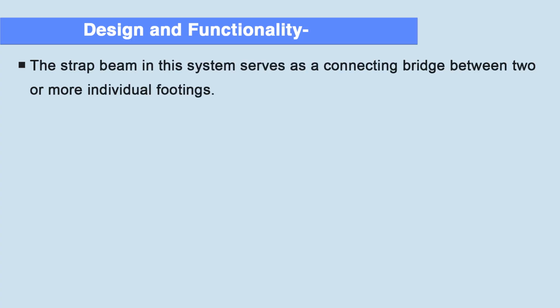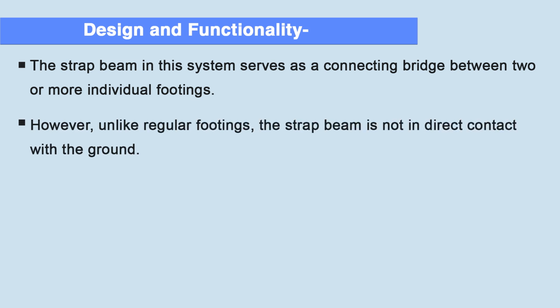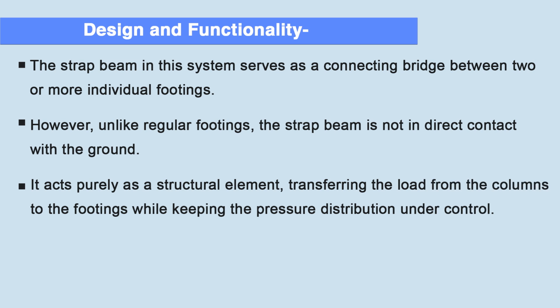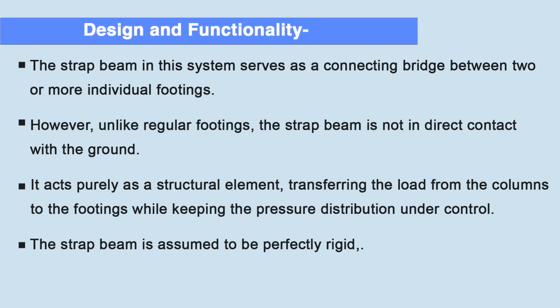The strap beam in this system serves as a connecting bridge between two or more individual footings. However, unlike regular footings, the strap beam is not in direct contact with the ground. It acts purely as a structural element, transferring the load from the column to the footing while keeping the pressure distributions under control. The strap beam is assumed to be perfectly rigid, meaning it does not bend or deform under the applied loads.